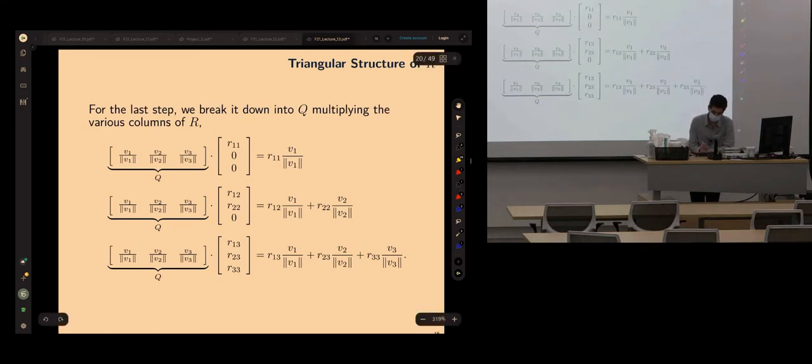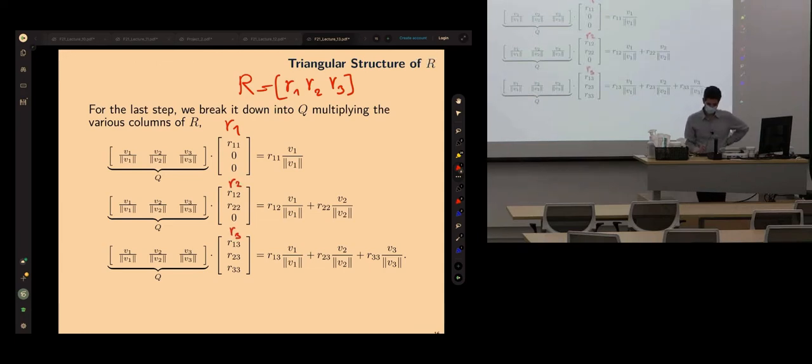So Q times the first column of R is just the first entry times the first column plus the second entry times the second column.